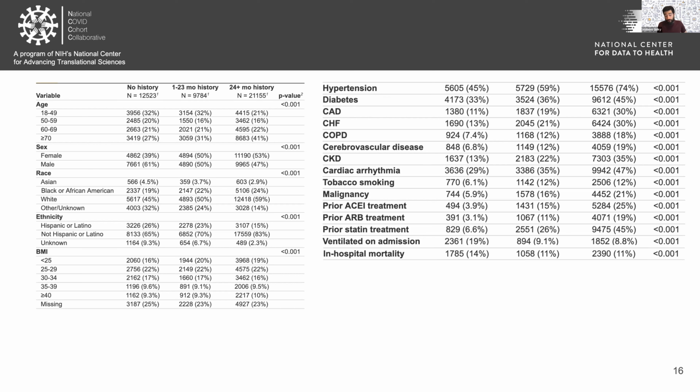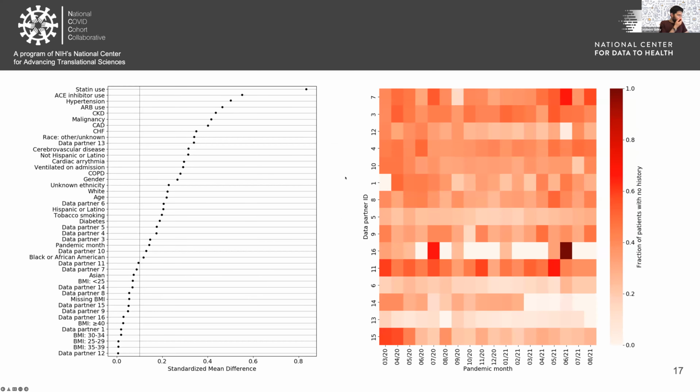So it could be, and probably is, a combination of all of the above. It's not necessarily straightforward or even possible to tease out which is which when you're looking at patients with no history. It's very important to factor that into account when you are doing your analysis and your study.